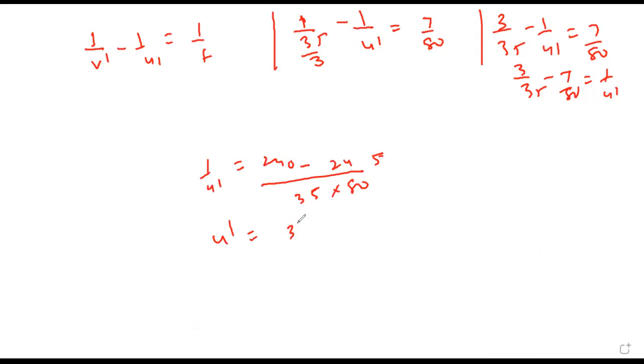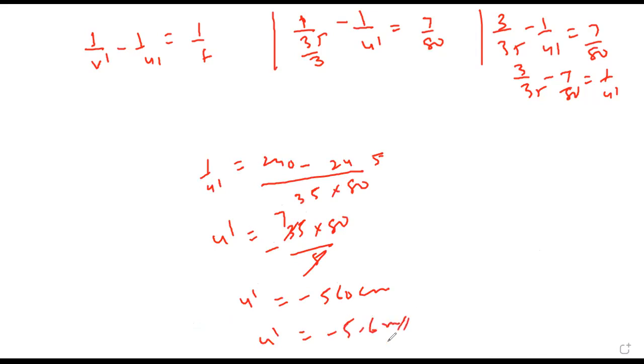So u dash will be 35 into 80 upon minus 5, which is minus 560 centimeter, which equals 5.6 meter. That means in magnitude the object is to be at 5.6 meter. At what distance should the object be shifted to be in sharp focus on the film again? It should be at 5.6 meter.